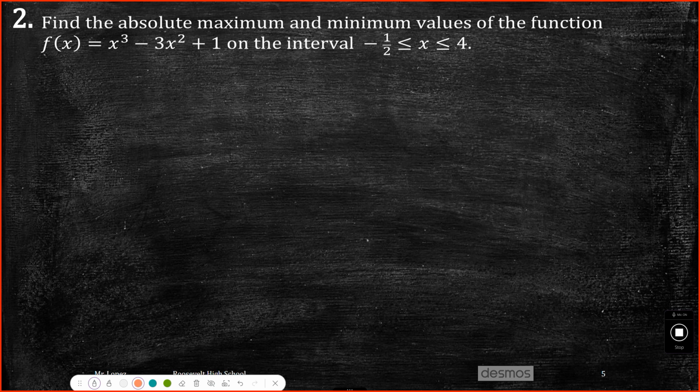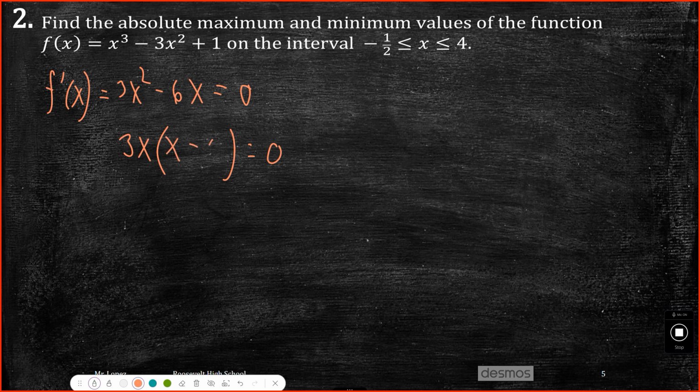So to find those inside critical numbers, we take the derivative, set it equal to 0, and find those inside critical numbers, or x values. 3x squared minus 6x equal to 0. Factor out 3x. 3x times (x minus 2) equal to 0.